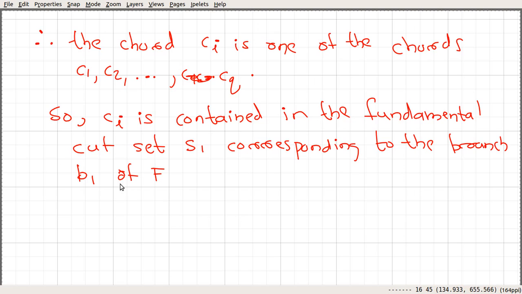We can apply the same argument to B2, B3 up to Bk. We will see that in every cut set determined by those edges B2, B3 up to Bk, this Ci is going to be an element.